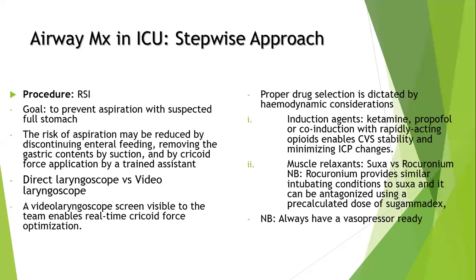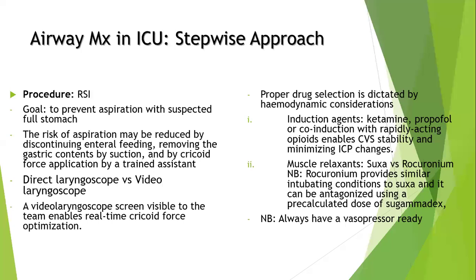Proper drug selection is key for successful intubation in this patient. Your induction agent, like I mentioned, depends on the hemodynamic stability of your patient, which is very important. The issue of muscle relaxant: suxamethonium versus rocuronium. Don't forget that suxamethonium has a lot of side effects that you do not want in your patient.